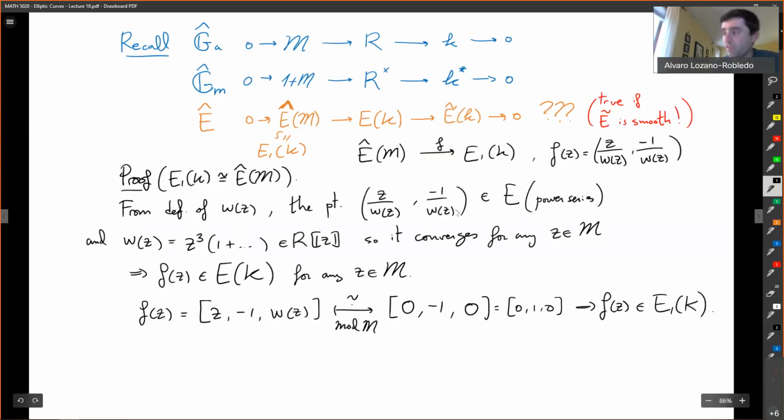So the map is well defined, it sends a point Z to a point in E1K.